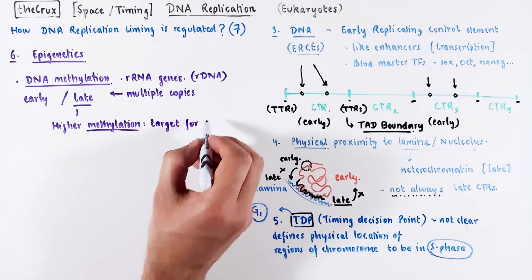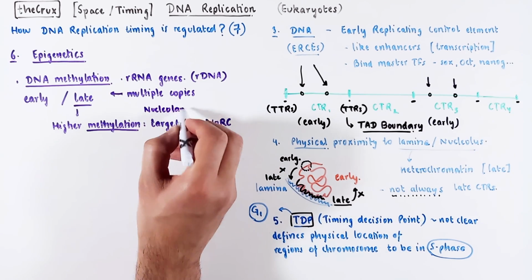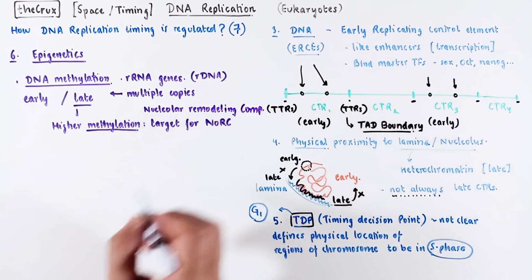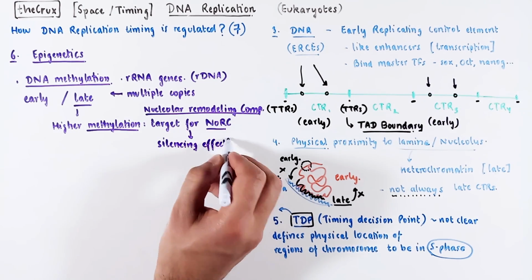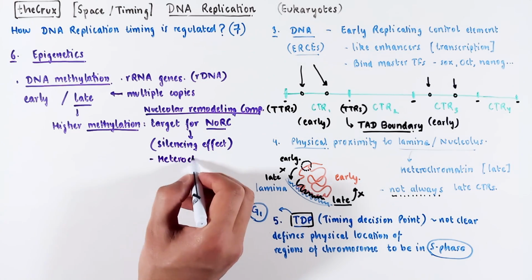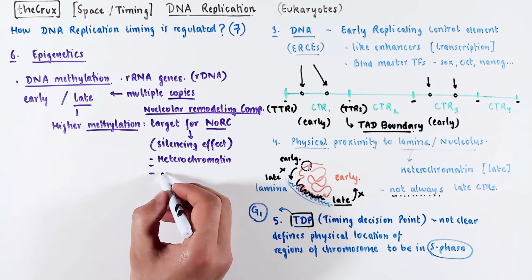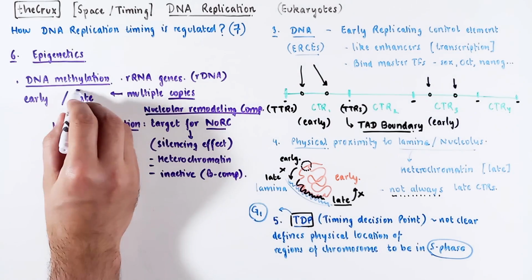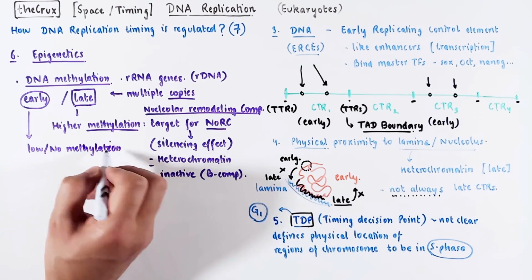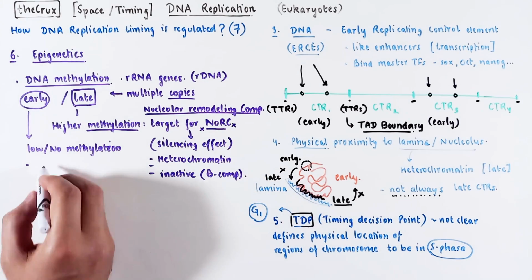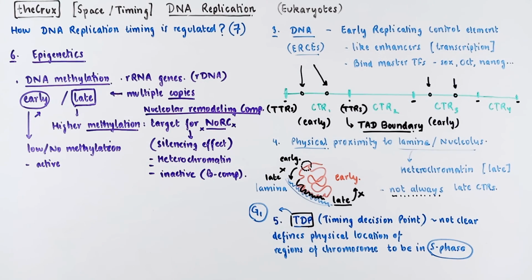This is because the methylation is a target of the nucleolar remodeling complex, NoRC, which has a silencing effect on the locus, which converts some copies into heterochromatin, which is also what we call the B compartments. As a result, they become late CTRs. The early ones have low or no DNA methylation, so NoRC cannot bind them, no silencing happens, and they're active and remain as early CTRs.